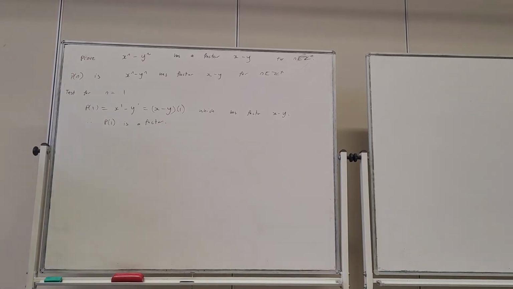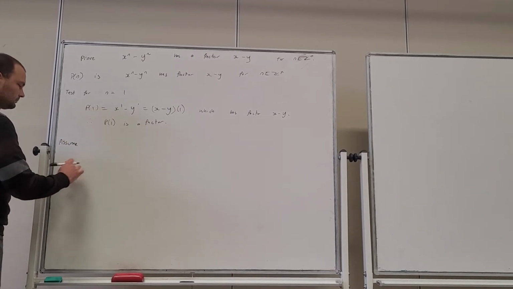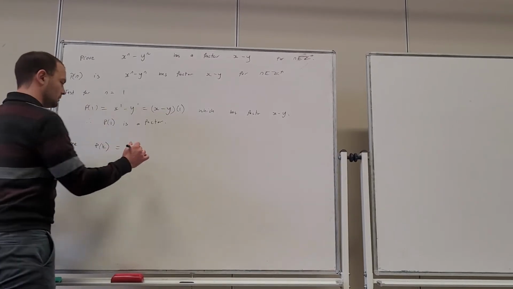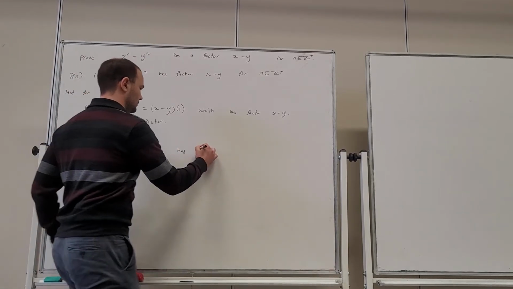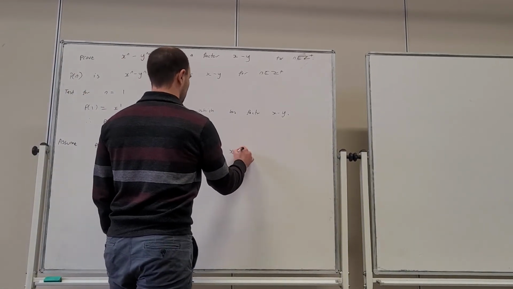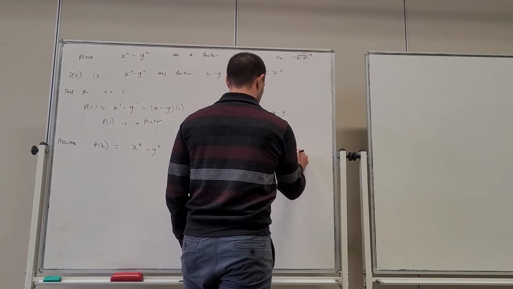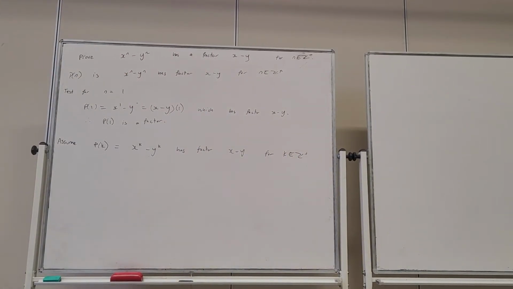You can factorize it out. Alright, so then let's assume P of k is true. So we're assuming P of k has the factor, and then we'll jump on to the proof.